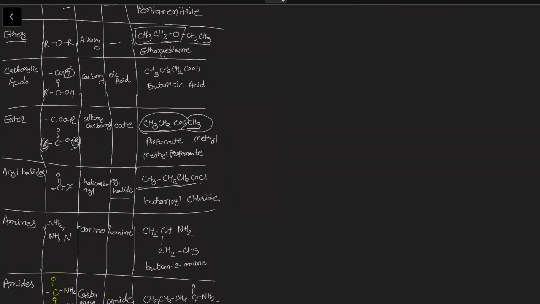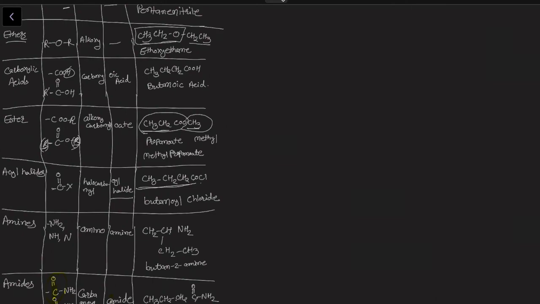The example for it is ethoxyethane. The next one is carboxylic acid. Just C double bond O, then one bond of that carbon with oxygen, and then that oxygen with hydrogen. It has prefix alkoxycarbonyl and suffix oic acid. The example is methyl propanoate.